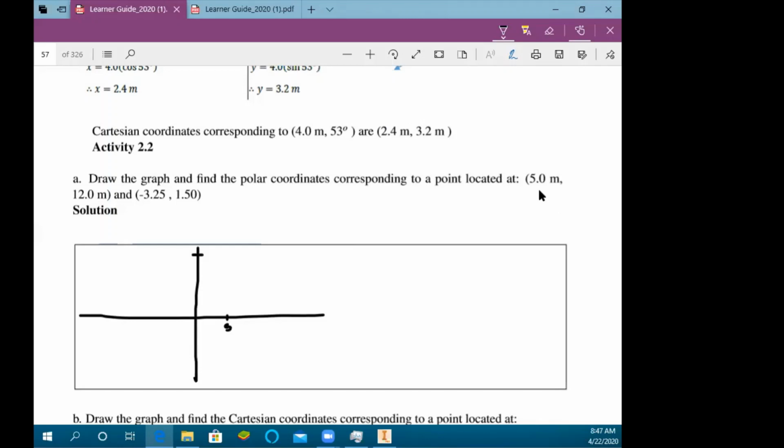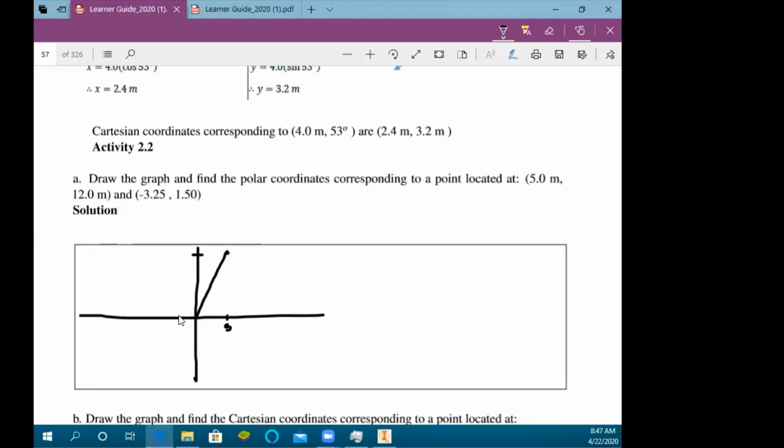This is X and this is Y. So they meet somewhere here. So this is my point here. Now we go on to another coordinate that we're given, minus 3.25.